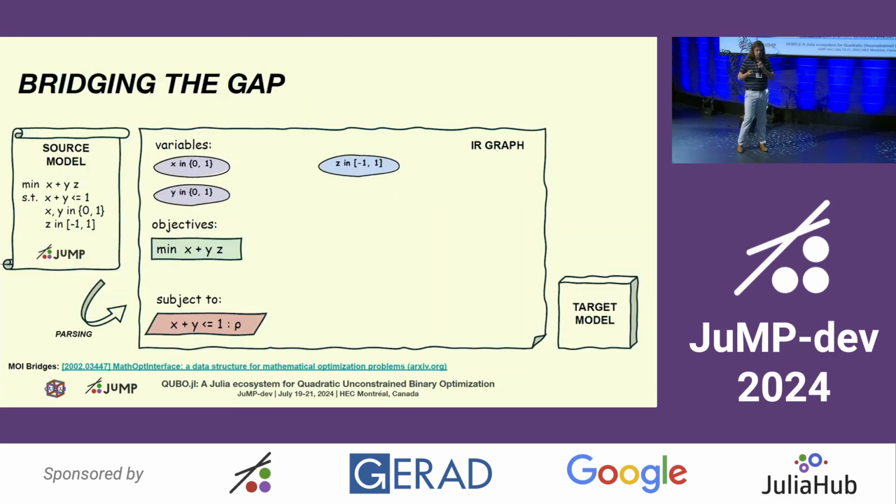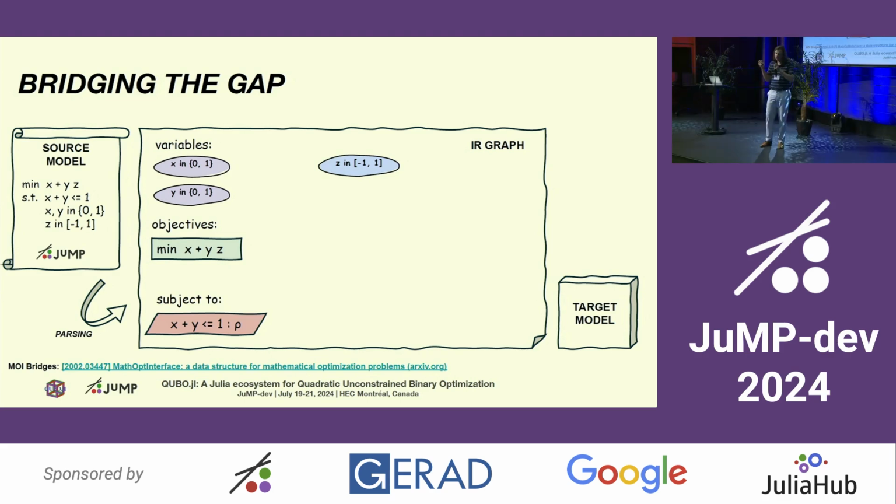To do this, we took great inspiration from the MOI bridges, and how they are done was an invaluable resource to arrive there. The way that we are approaching this is basically to take the source model and look at which variables, objectives and constraints are accepted by the target model and which are not. In this case, inequalities are not supported because we do not allow any constraints.